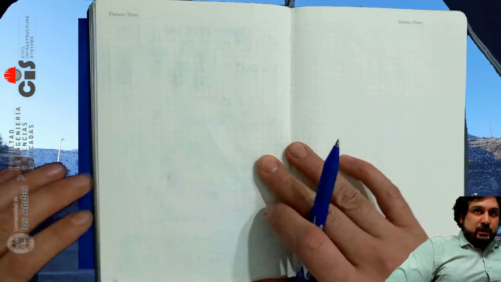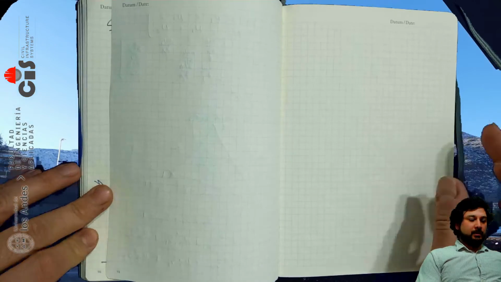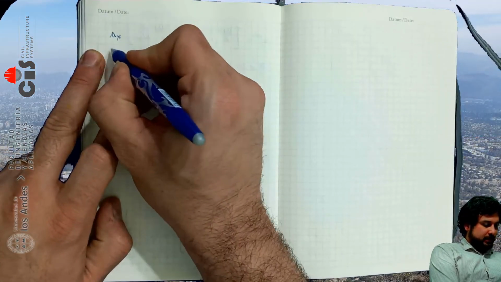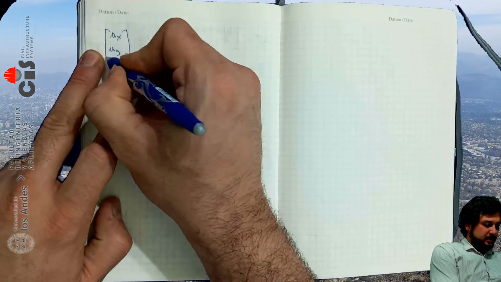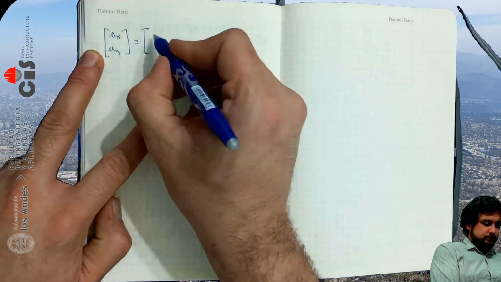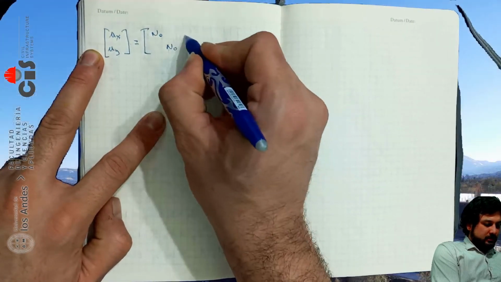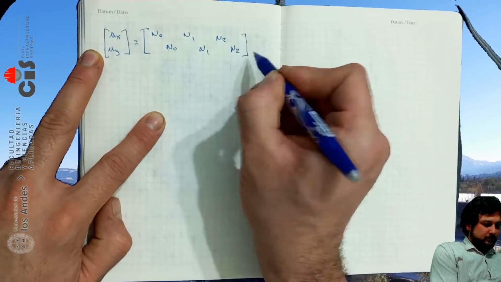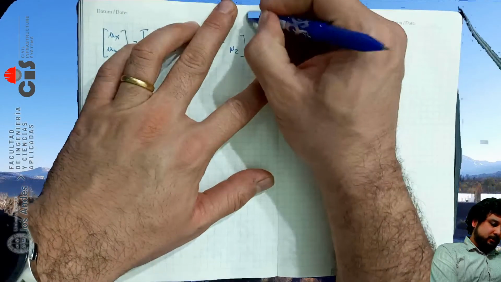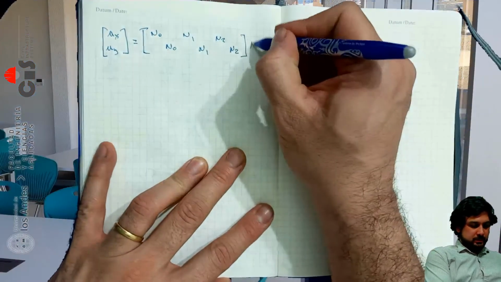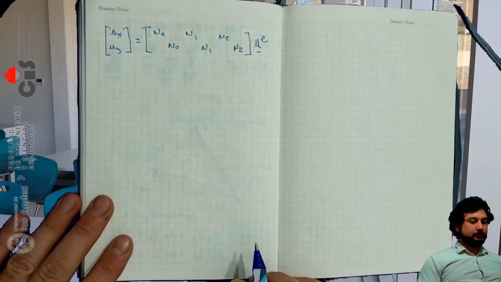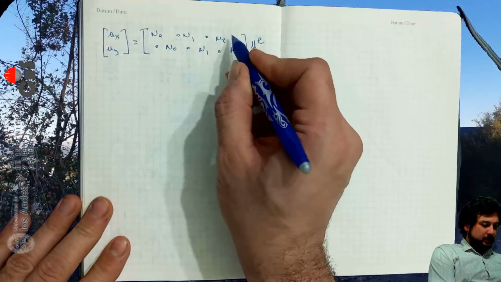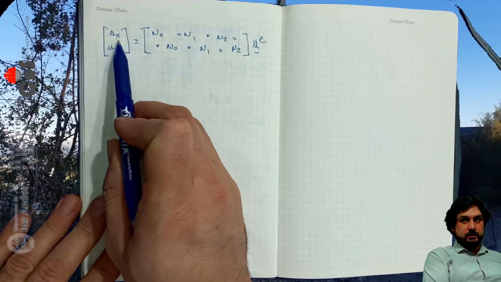Right? So the way to write it down, we write the interpolation matrix like so. The displacement field ux, uy is equal to the matrix with zeta 0, 0, zeta 1, 0, zeta 2, 0 and so on, times the whole, I'm not going to write the whole thing, but we have here the nodal degrees of freedom. And of course, it's going to depend on the triangular coordinates.